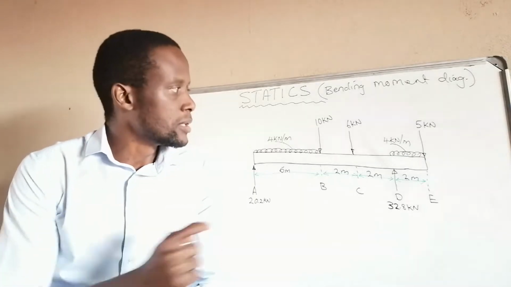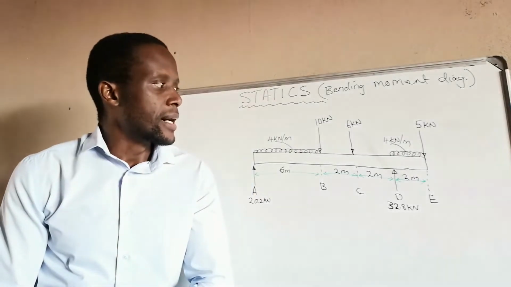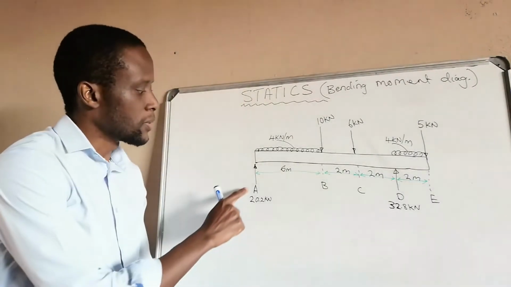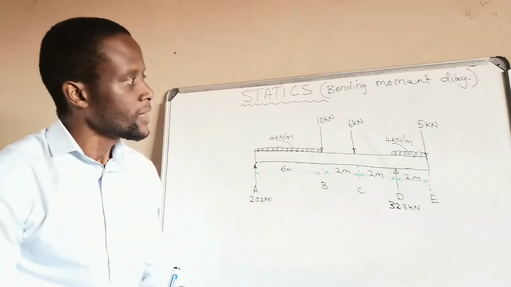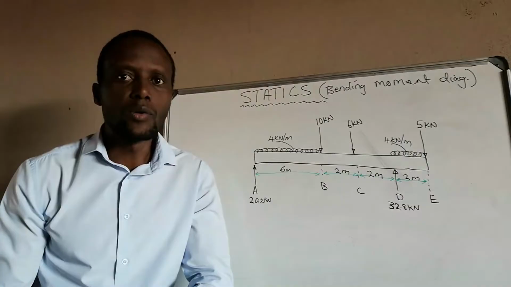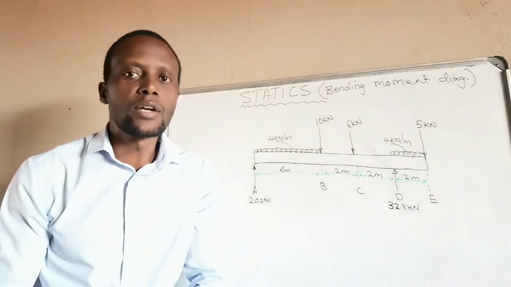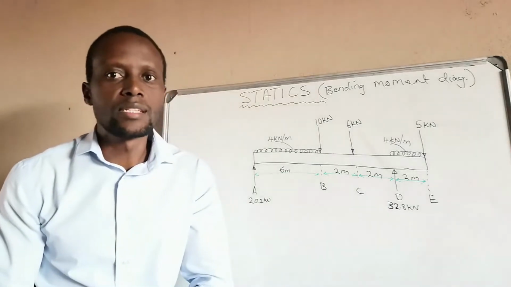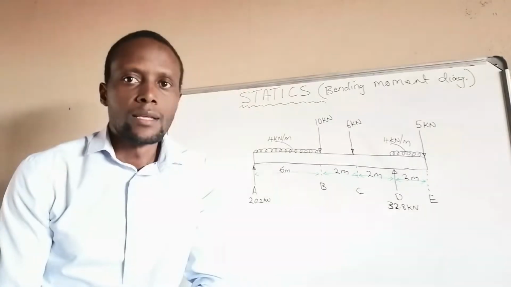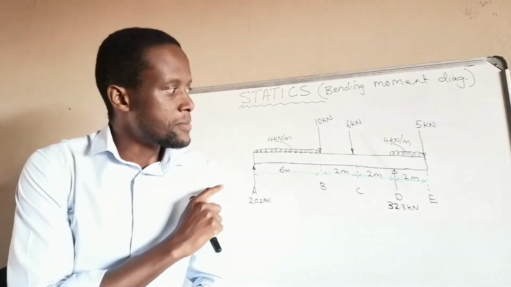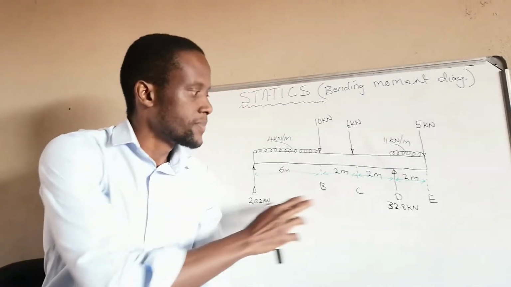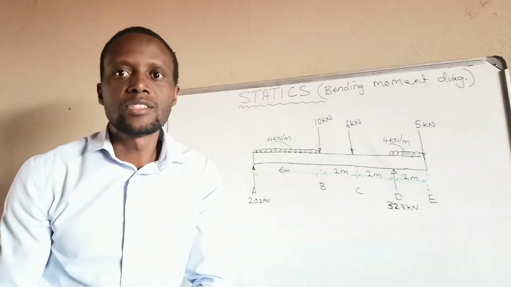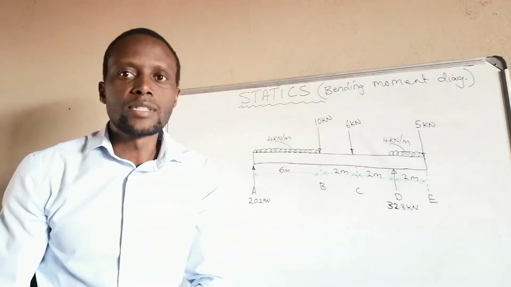In this video, we'll be using this diagram. It's a beam on supports A and D, but in today's video I won't be doing how to calculate the reactions. The reactions are already calculated, like you can see, but we did a video of this beam on how to calculate the reactions and how to draw the shear force diagram, and the shear force diagram came out like this.